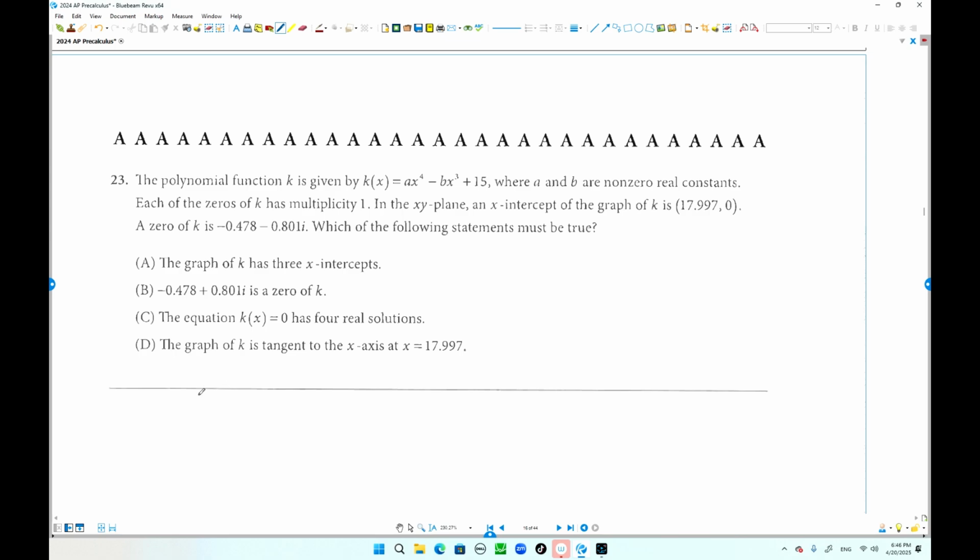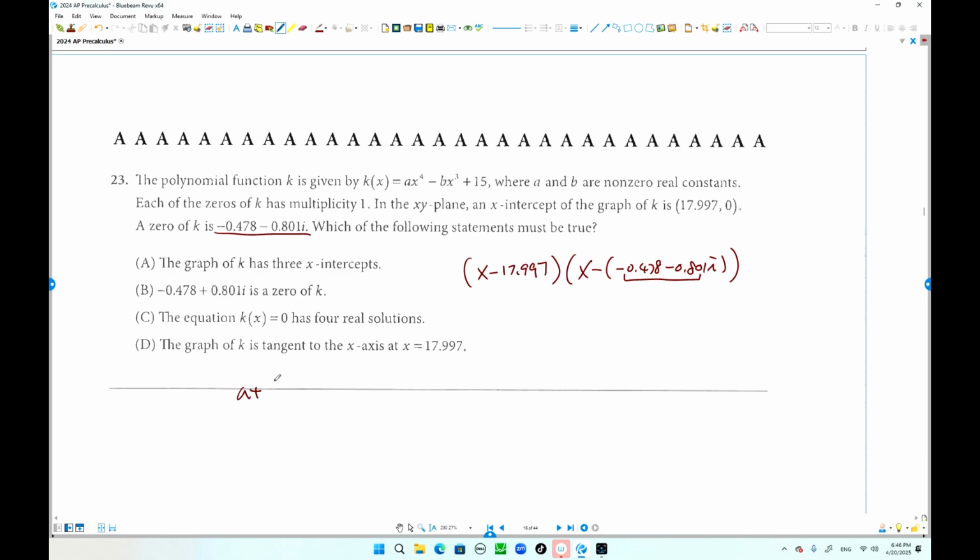All right, number 23. We have a degree 4 polynomial function. One x-intercept is over here, x minus 17.997. And another one is x minus negative 0.478 minus 0.801i. That's a complex root. Complex roots always come in conjugate pairs.